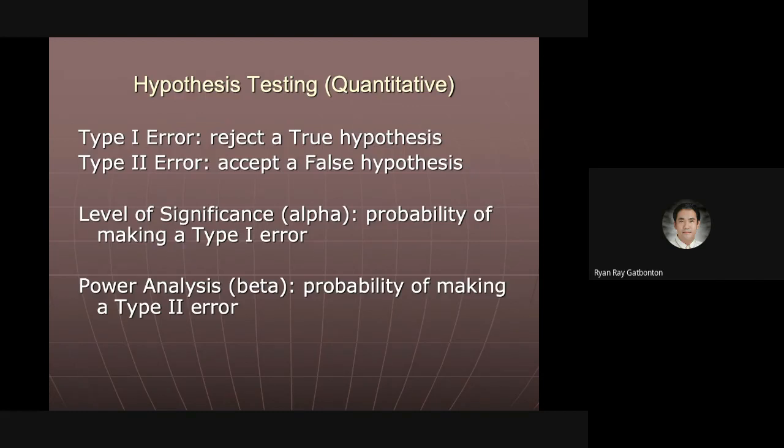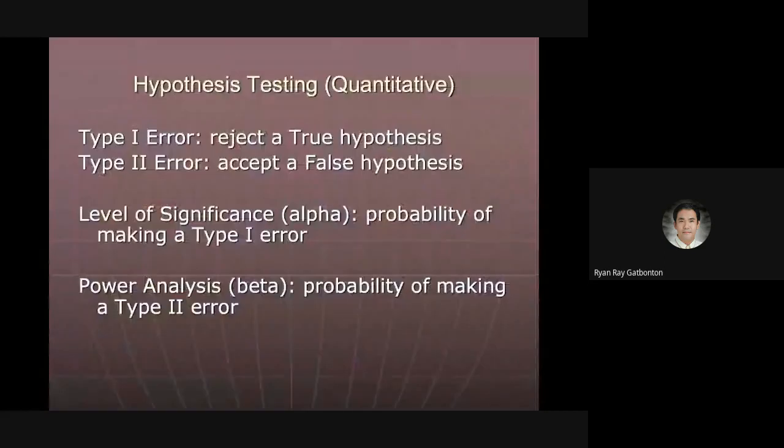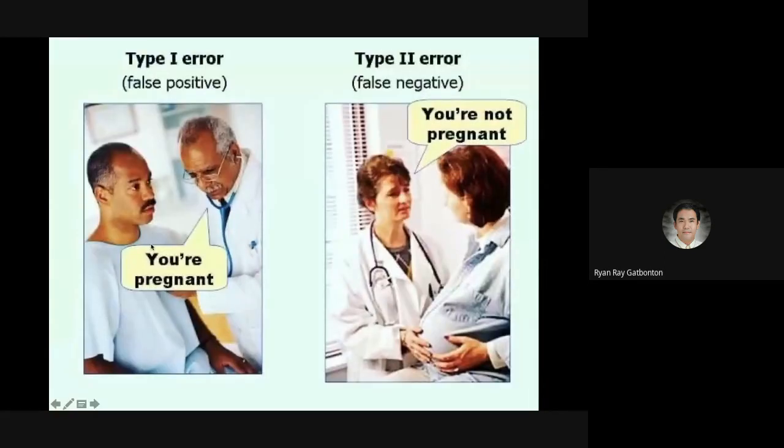Which of the two is dangerous in healthcare research? Let's have this example. On the left side, the type 1 error is the false positive error. You reject a true hypothesis. It's like saying to a man that you are pregnant. That's type 1 error, a false positive.